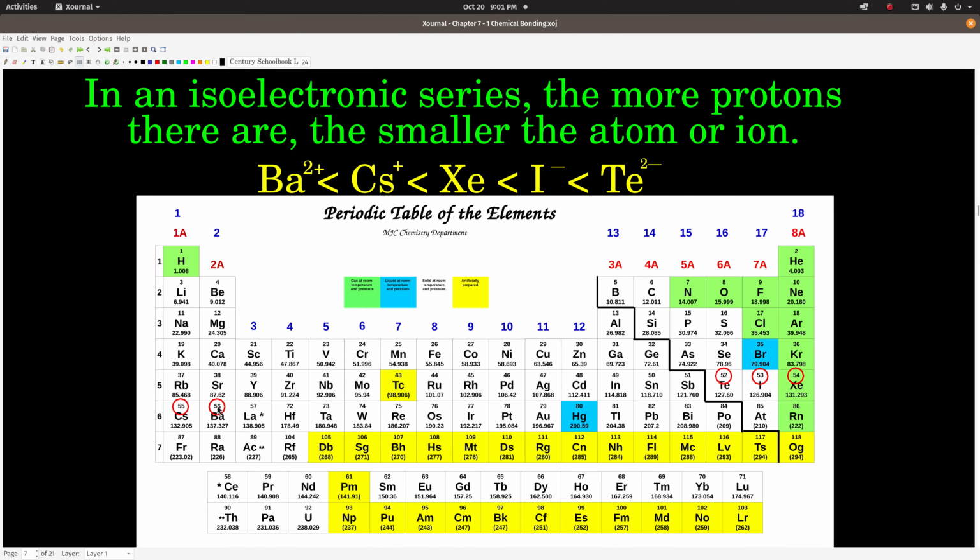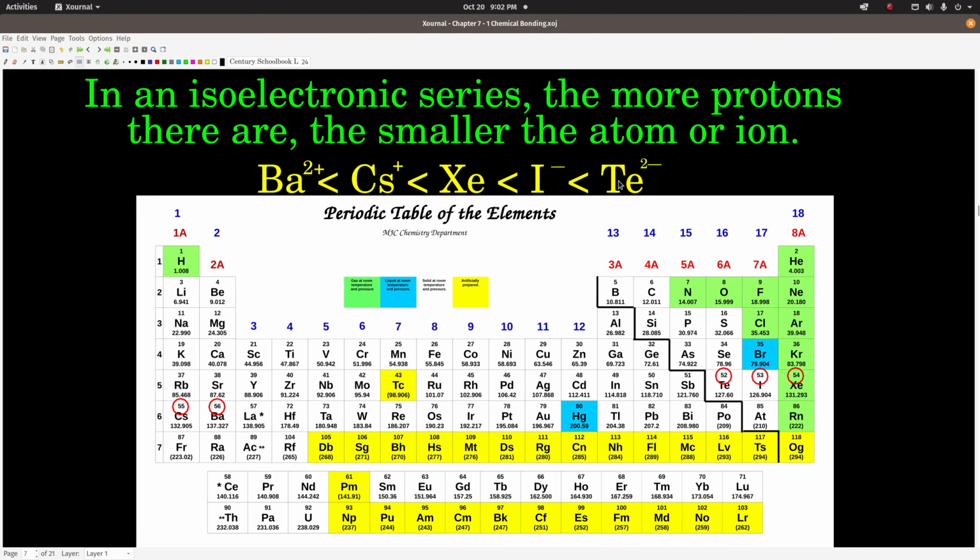So if we look down here, neutral barium has 56 protons, that's its atomic number, and 56 electrons. The +2 ion loses 2 electrons, so it has 54. The cesium ion, +1 charge, starts out with 55 electrons. When it loses that 1 electron, it now has also 54. Xenon has 54 electrons. Iodide gains 1. It starts out with 53 when it's neutral, gains 1, has 54.